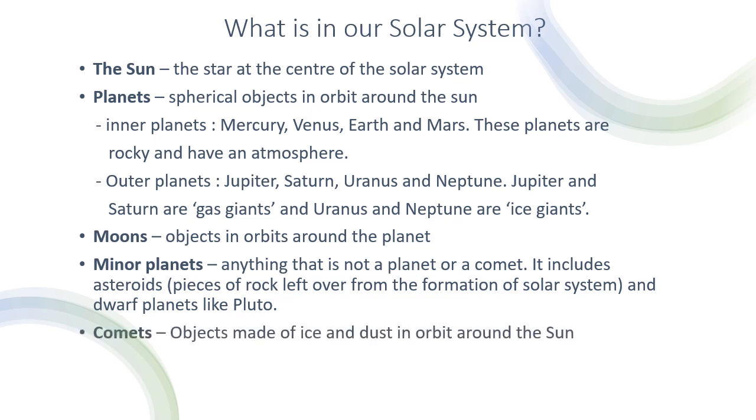And then we have the comets. They are made of ice and dust, and they orbit around the sun. So these are the main parts of our solar system: the sun, the planets, the moons, the minor planets, and the comets. Is that okay, all of you? Shall we move on?